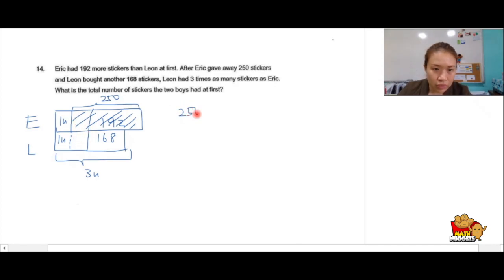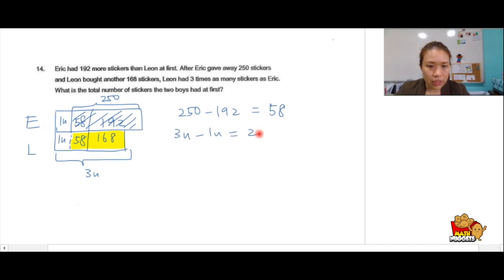Now first, I got to find out what's this little part here. So first, I will take 250 minus 192, which is 58. So this part here is 58. So from the model, we can see that 58 and 168 gives us 2 units. 3 units minus 1 unit, we get 2 units.